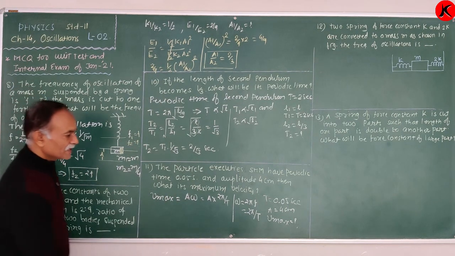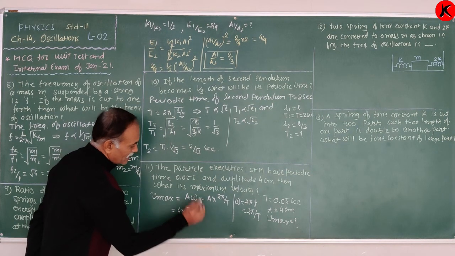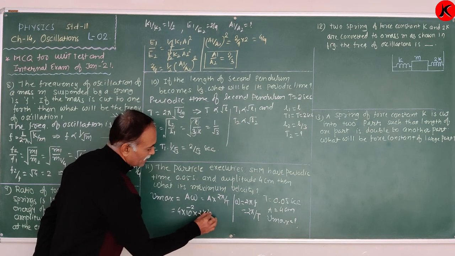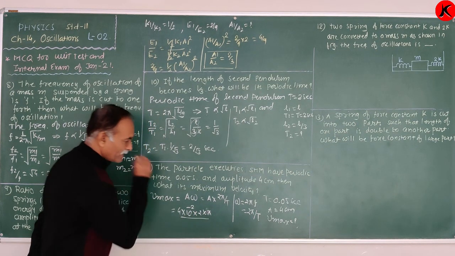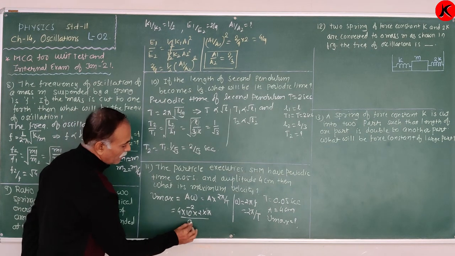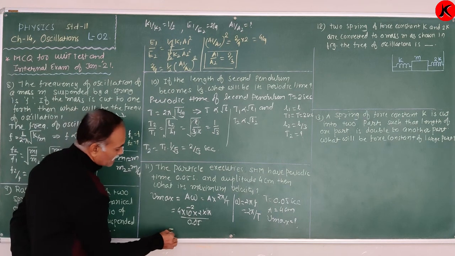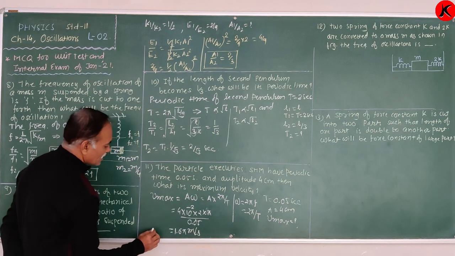Amplitude is given as 4 centimeter, convert into meter: 4 into 10 to the power minus 2. Omega is 2 pi, or keeping it this way, pi, upon the periodic time 0.05 second. Therefore, it is 1.6 pi meter per second. That is the maximum velocity.